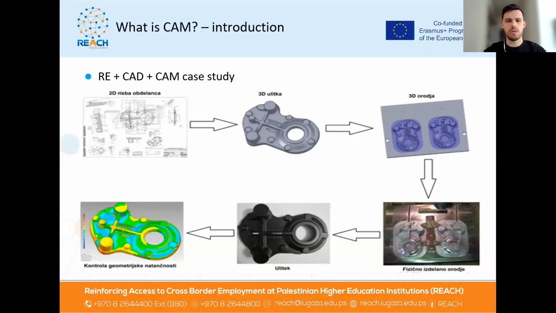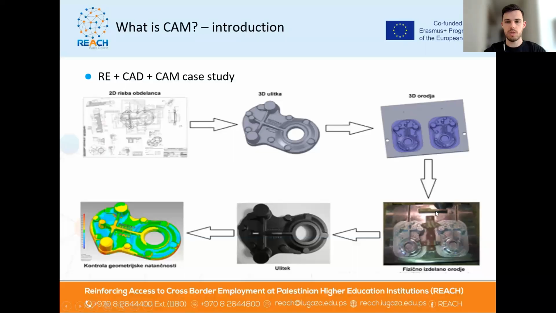Then from that 2D sketch, you will create a 3D part in the CAD program, and from that part you can actually create the negative, or so-called tool. Sorry, here it is in Slovene, I didn't translate it, but the main point is that from this 3D part you can create a negative and a tool. You can then create the tool physically.